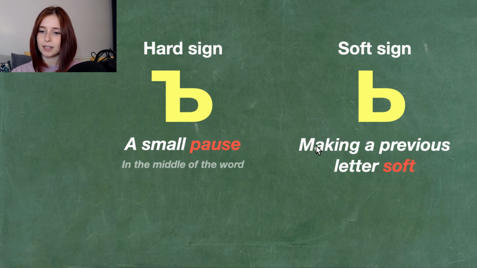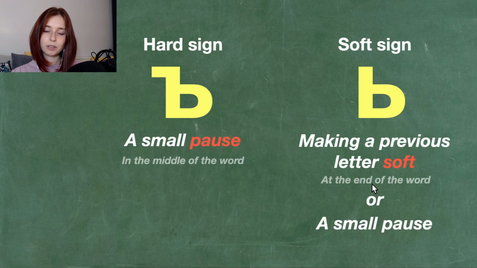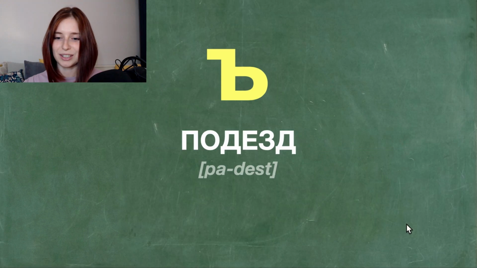And a soft sign usually makes a previous letter soft when it's at the end of the word, or it is a small pause when it's in the middle of the word. And you can really get by without knowing this information for a while, speaking Russian and learning basic phrases, but since we're learning the alphabet, I cannot go without mentioning this stuff.